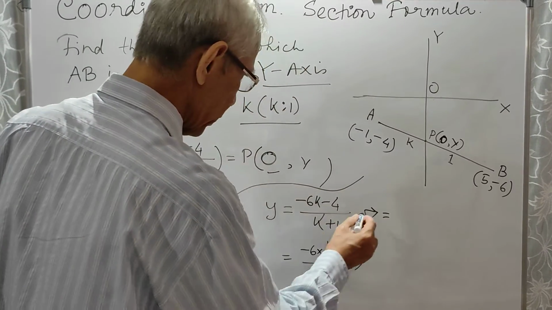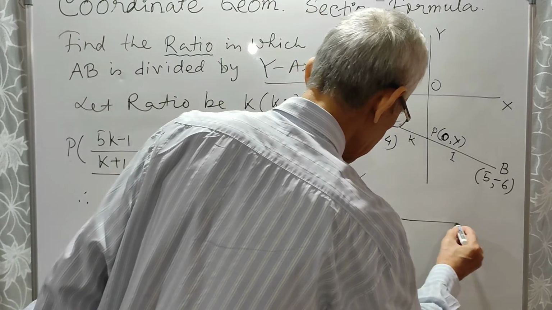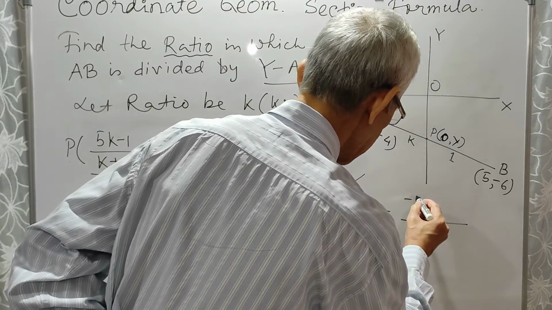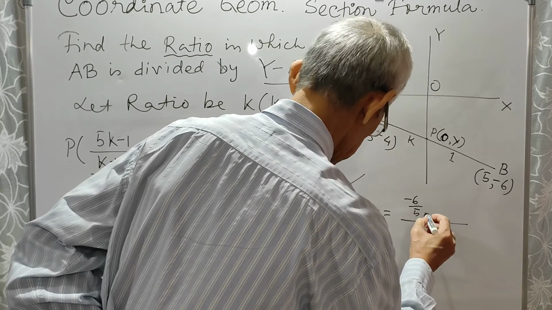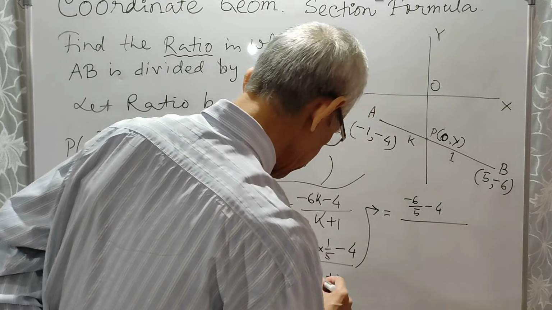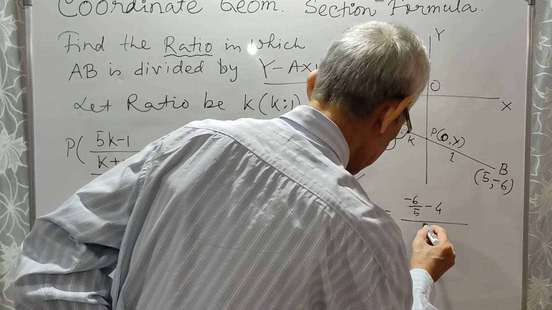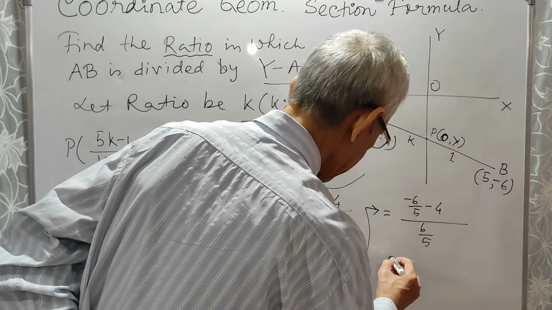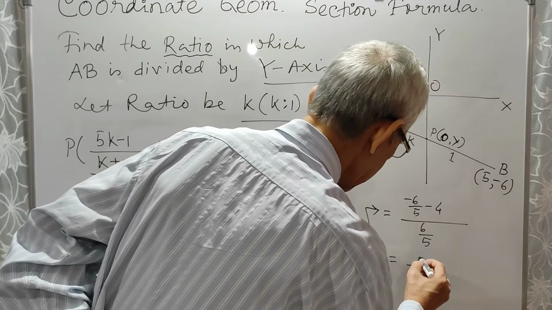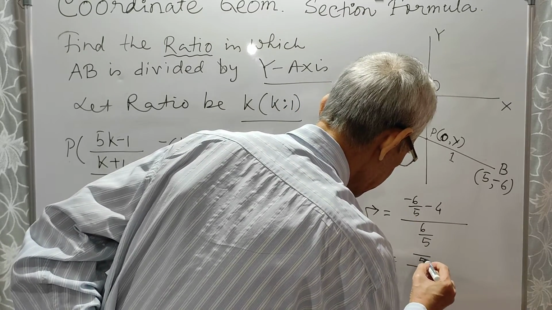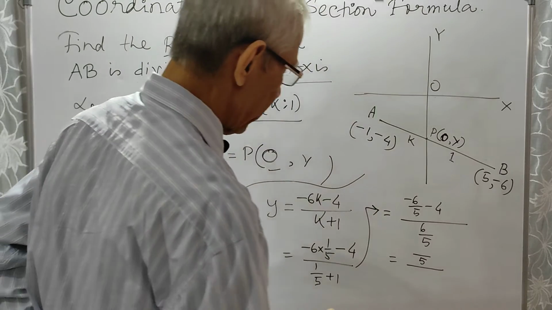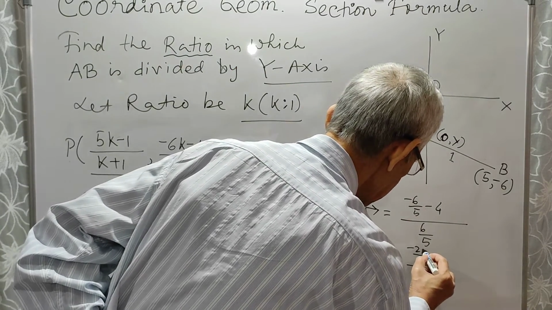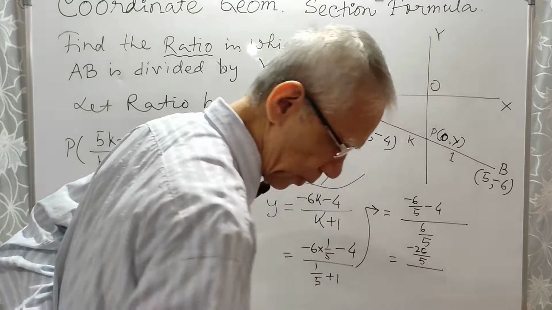Equal to, so this is minus 6 by 5 minus 4, and this is 6 by 5. Then what we get? 5 is the denominator, then minus 6, minus 20, minus 26, so minus 26 by 5.